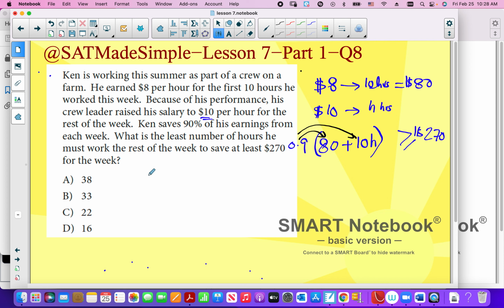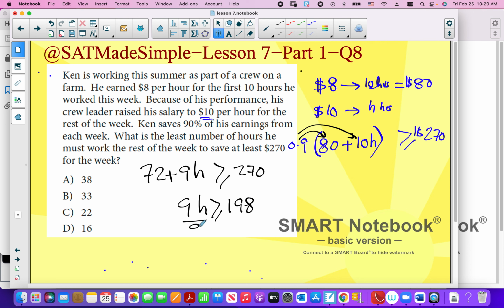So we have 72 plus 9h is greater than or equal to 270. Move the 72 to the other side, that'll be 9h greater than or equal to 270 minus 72, which is 198.